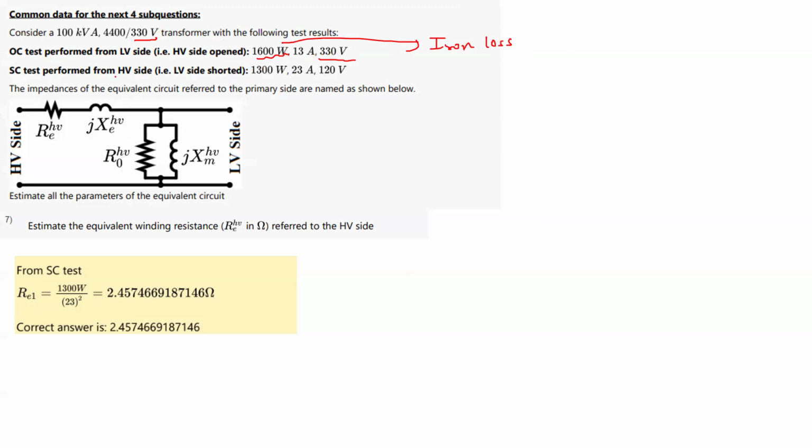Similarly, the SC test is performed from the HV side with the LV side shorted. So this is the current. Now you can find out the HV side current. This will be 100 kVA by 440. So this will be how much? Let me calculate in the calculator.